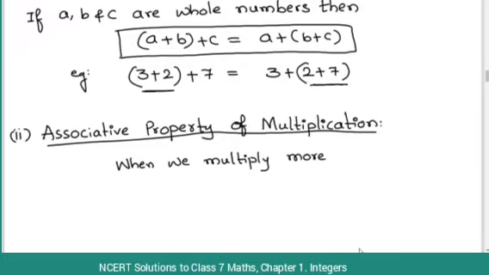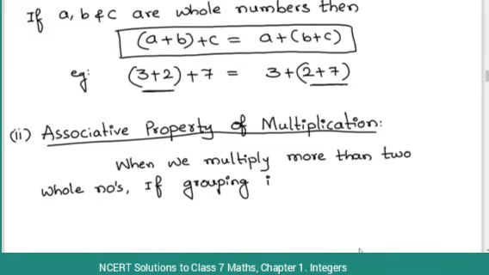So, when we multiply more than two whole numbers or integers, if the grouping is changed, then the product remains the same.